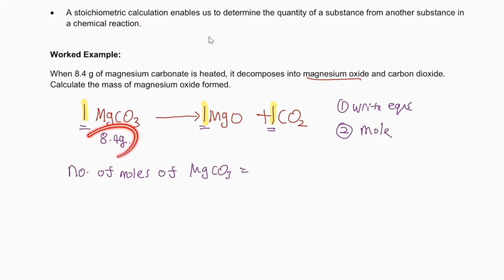So I will take the mass here divided by the molecular mass of MgCO3. So I take 8.4. Remember what you have just done? Repeat the exact same procedure. Divided by the molecular weight of magnesium plus 1 carbon, because you have 1 carbon inside, and plus 3 oxygen. Now, if you press your calculator, you should get 0.1 mole.